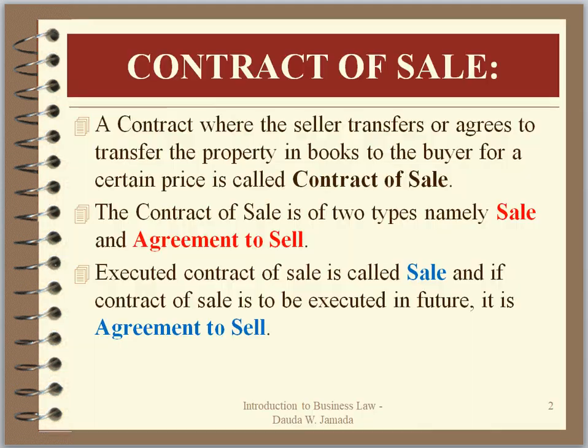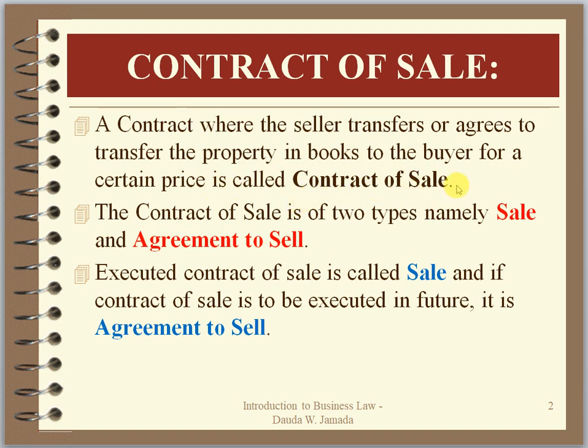And when we talk about a contract of sale, we say that a contract where the seller transfers or agrees to transfer the property in goods to the buyer for a certain price is called a contract of sale.